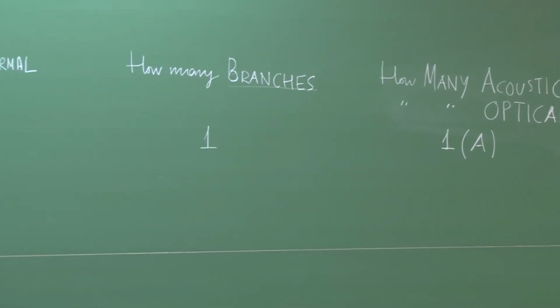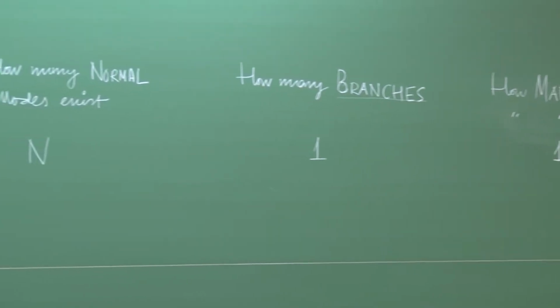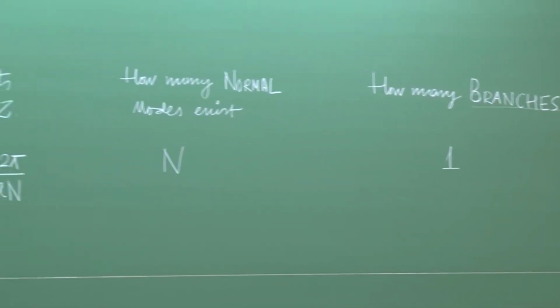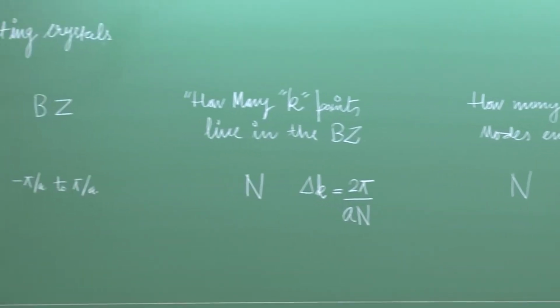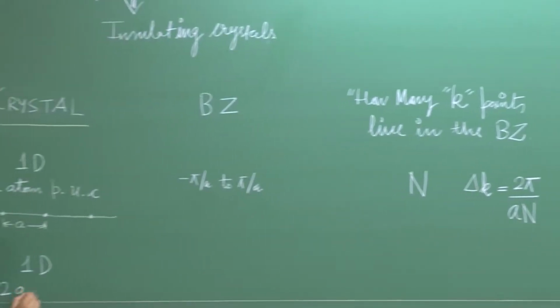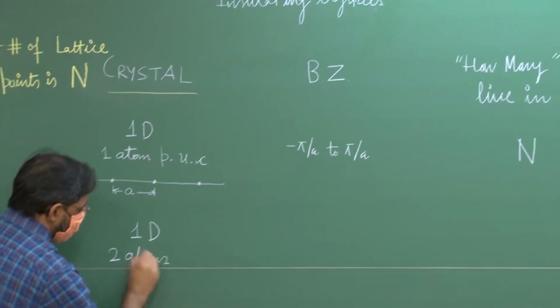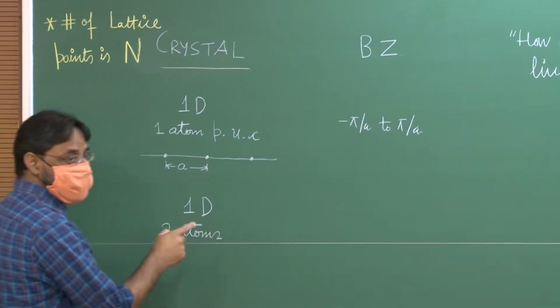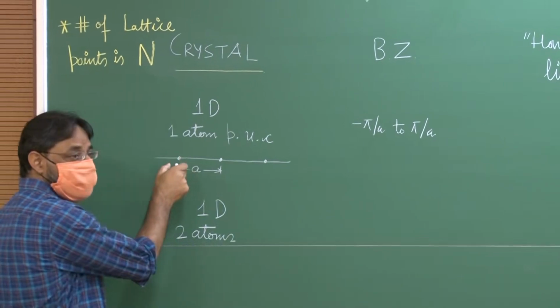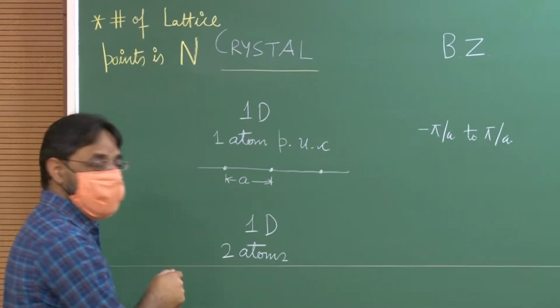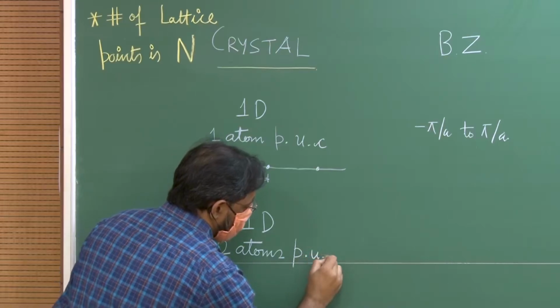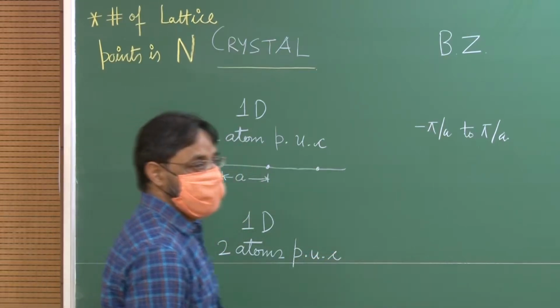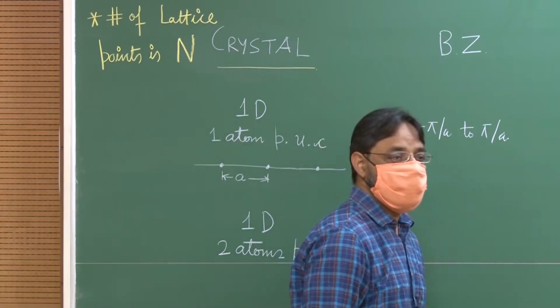Let us move to a slightly more difficult case, which is 1D with 2 atoms per unit cell. So, the underlying Bravais lattice has not changed, but at each lattice site you are putting a basis of 2 atoms, 2 atoms P.U.C. What is the size of the Brillouin zone?